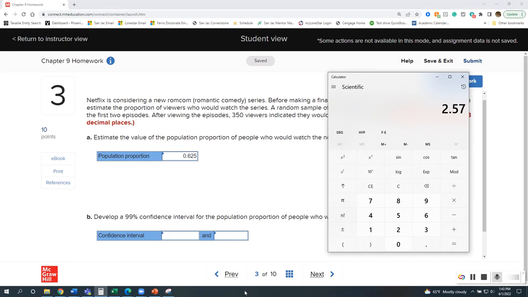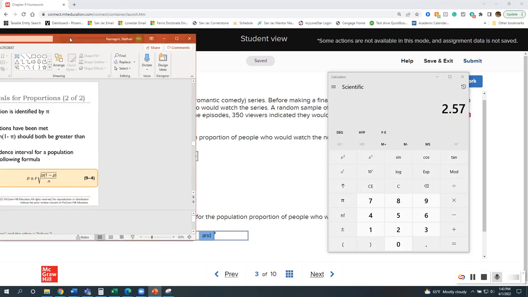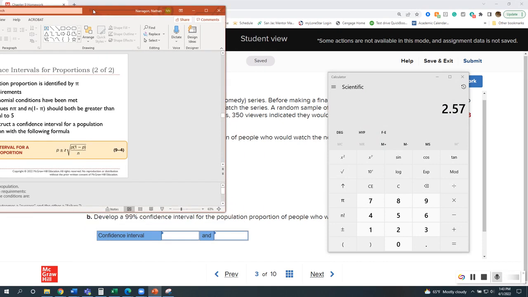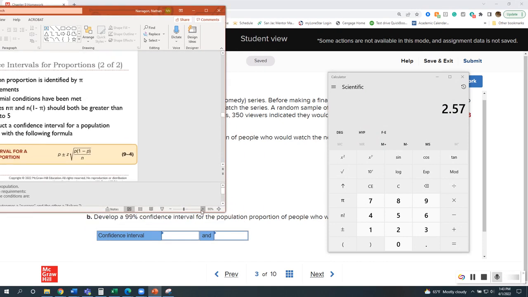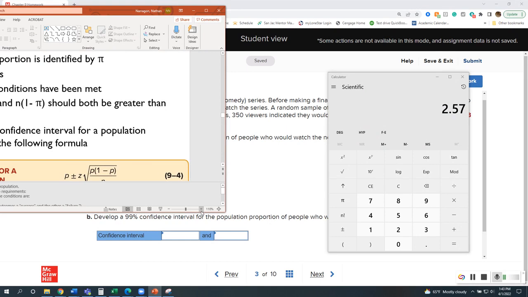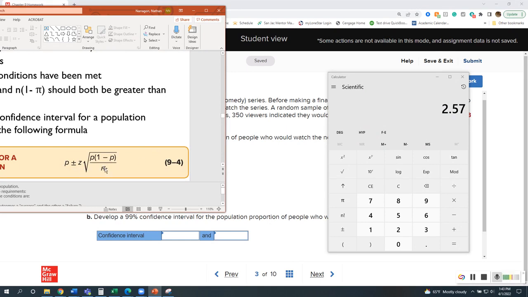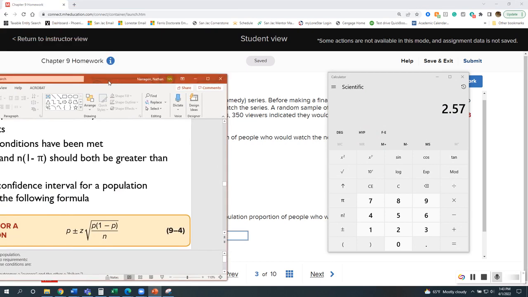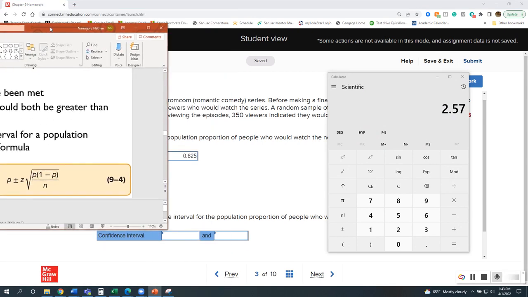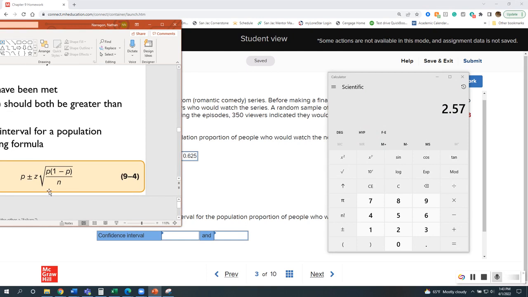Okay. So let's go ahead and bring back up our formula so we can see how that goes. So there it is. We'll zoom in so you can see it. So there's our formula right there. Really the best thing is to go ahead and do the first part before multiplying by the Z value.